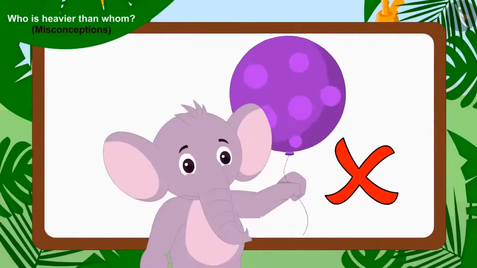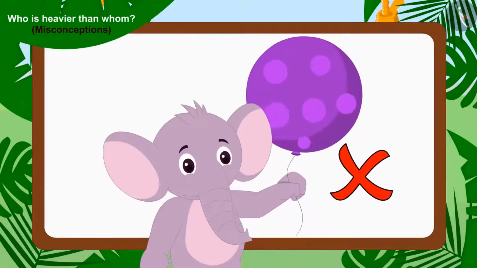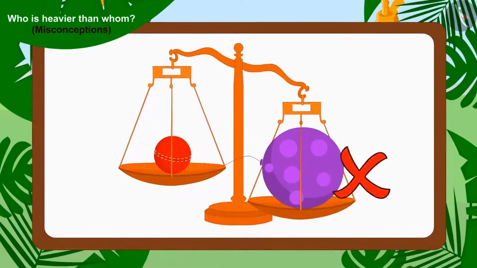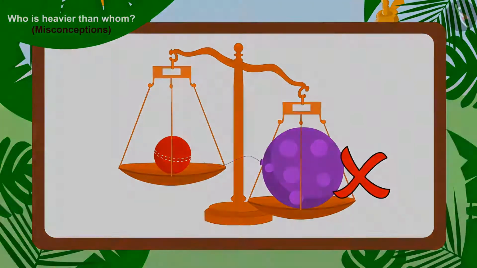This means what Appu said is not right. Children, remember that if any item is big in appearance, it is not necessary that its weight is more than the smaller ones.